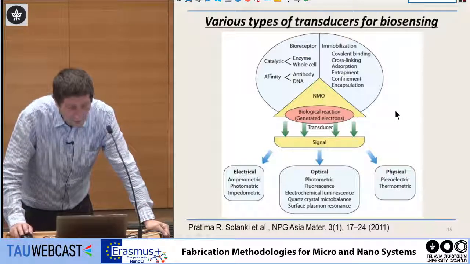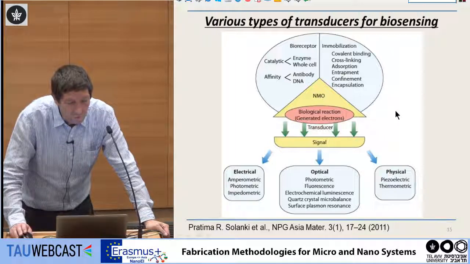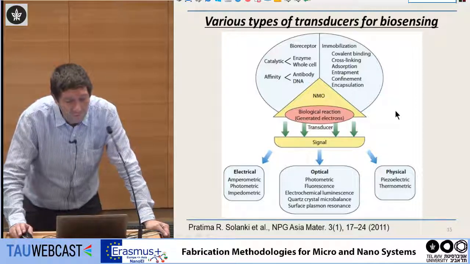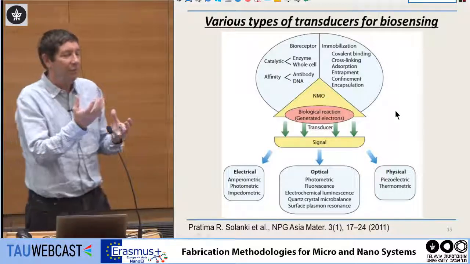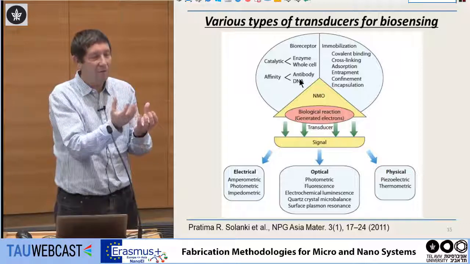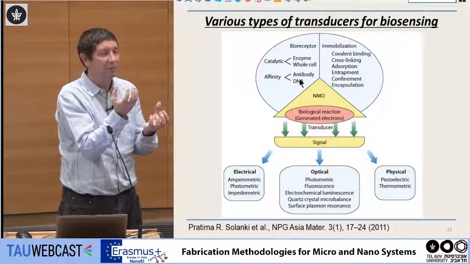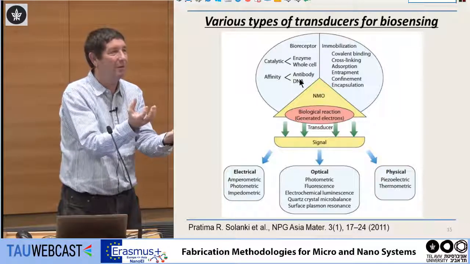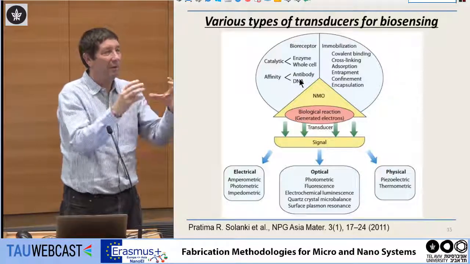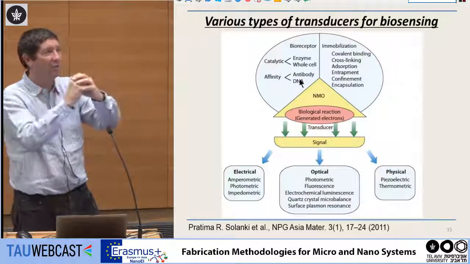Let's say you have your bioreceptor, and you can look at the catalytic properties or affinity. Affinity is the attachment, how strongly your target likes your label. In antibody-antigen reactions, the reaction is very strong.